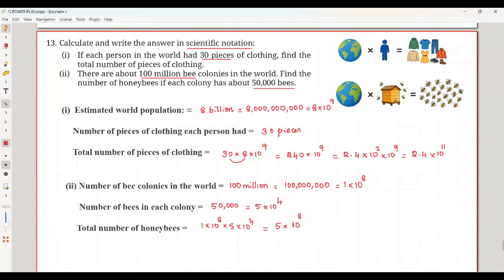We are applying the laws of exponents. So 5 into 10 to the power 12 is the answer.